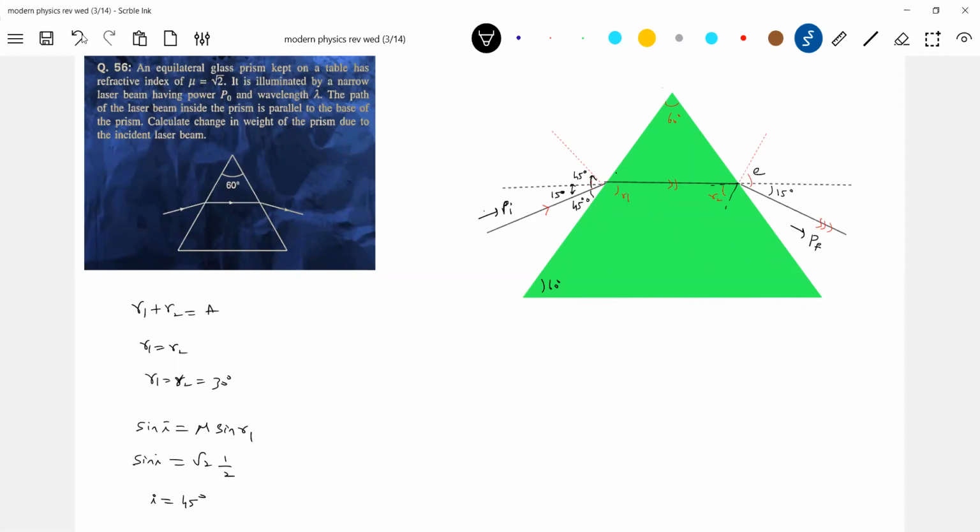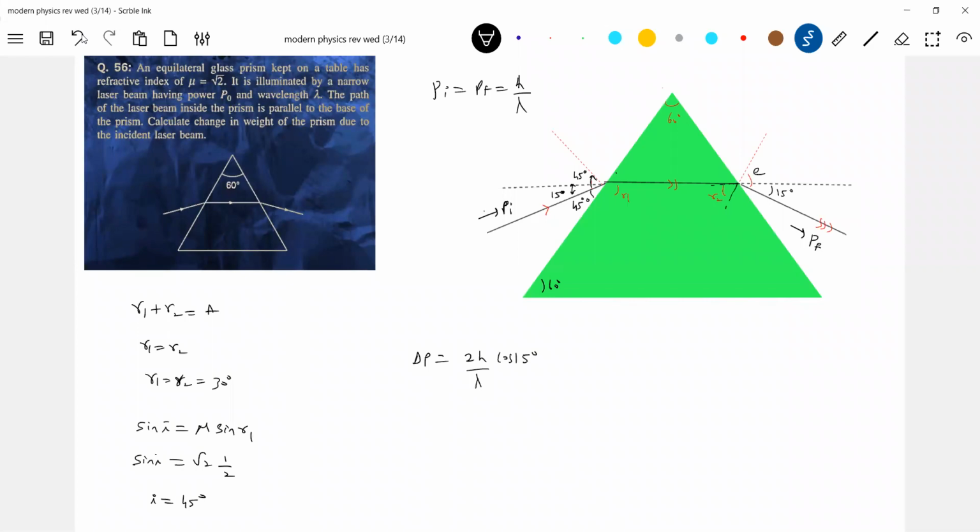Momentum of photon will be h by lambda. What is the change in momentum of photon? Should be equal to P_f minus P_i. If I calculate that one, I do get this is equal to 2h by lambda cos 15.